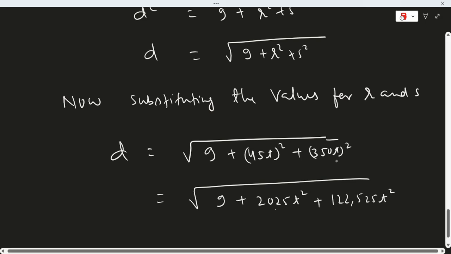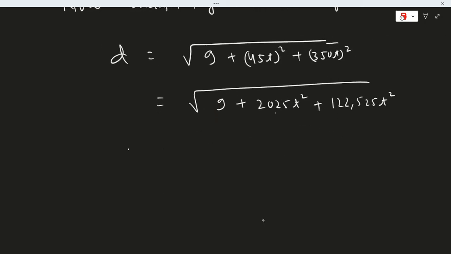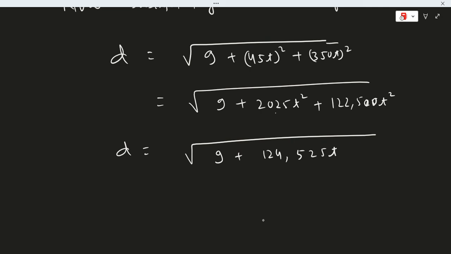Adding these two terms, d equals the square root of 9 plus 124,525 t squared.